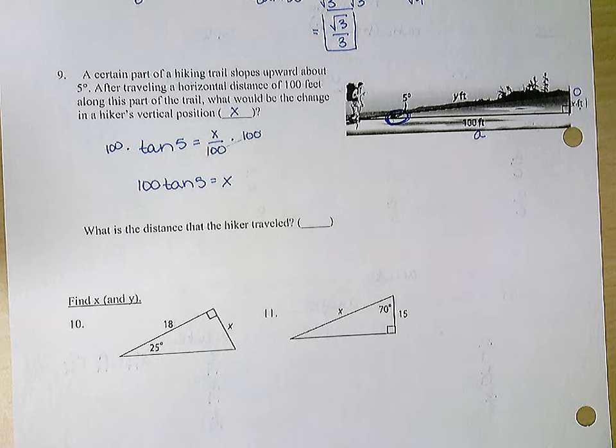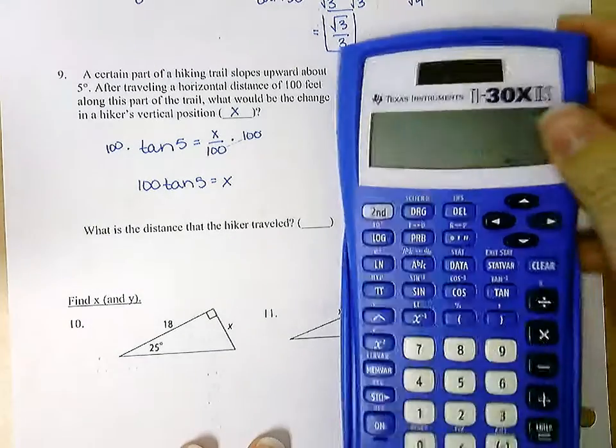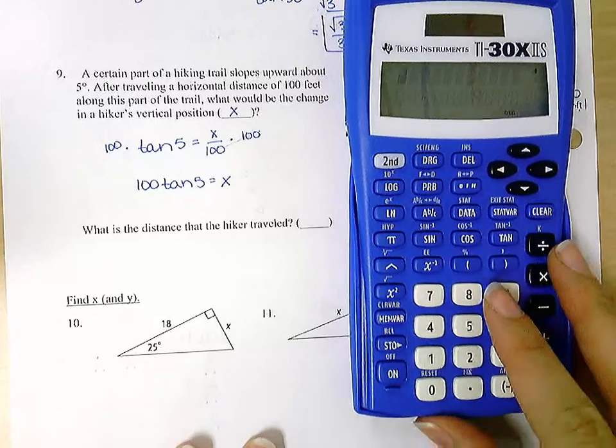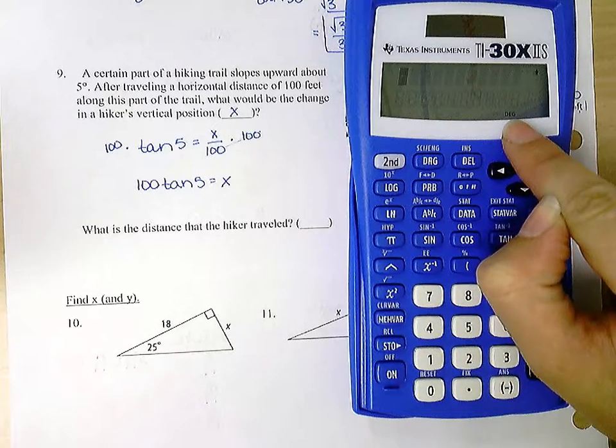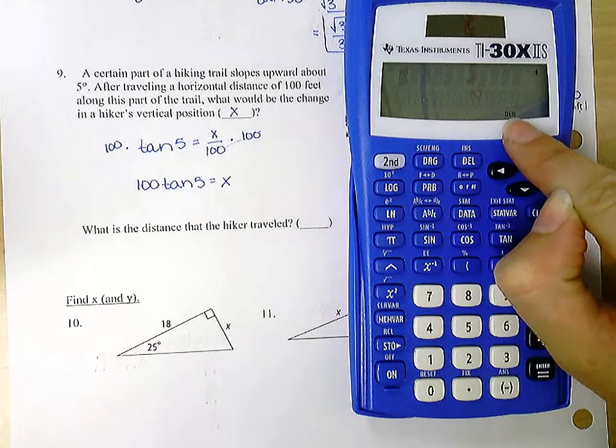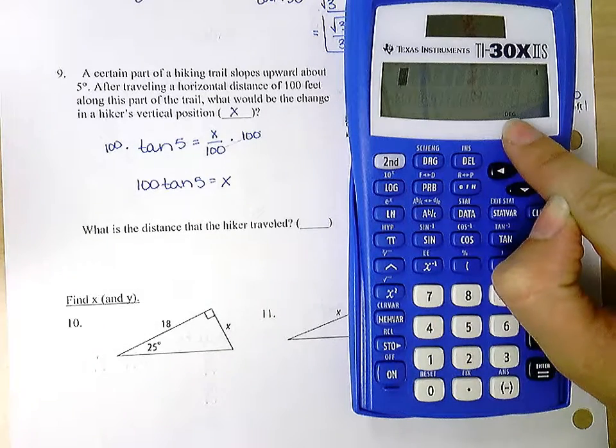Now this is where you need your calculator. Here on my calculator, you see this little DEG in the corner? Make sure yours says DEG, not RAD. It shouldn't say RAD.